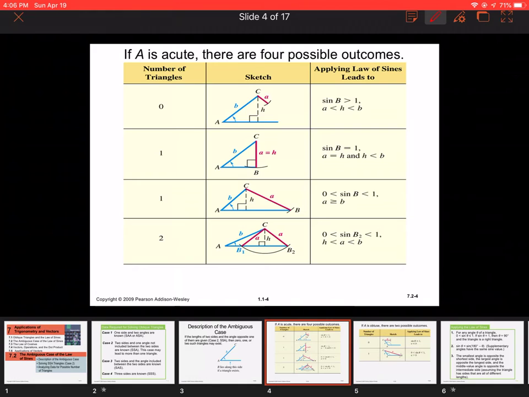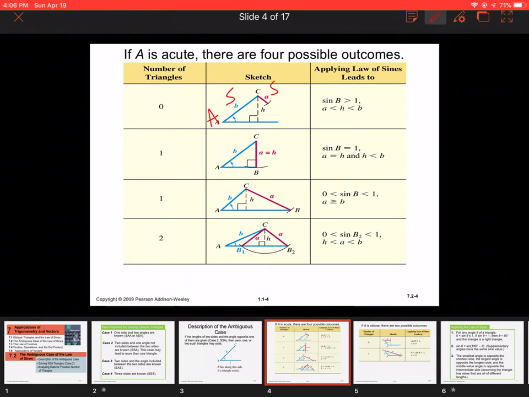In the first case, again, notice the angle-side-side pattern. And what happens in this case is, notice that the length of a is less than the height of that possible triangle, which actually is not going to be a possible triangle, which is less than the length of the first side that we know.